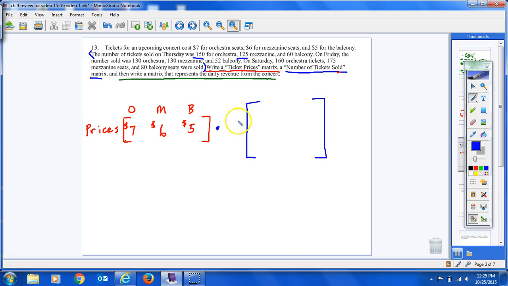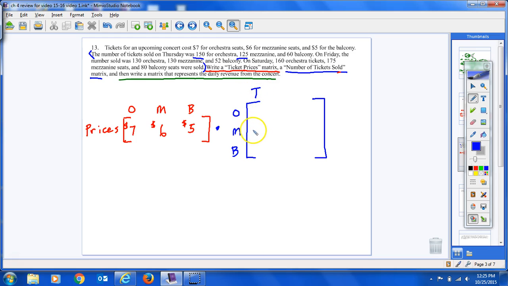Okay, so the way we're going to set this up then is we're going to have orchestra, mezzanine, balcony as the row. Because remember, when I multiply matrices together, it's row times column. So this first column, for example, is going to represent Thursday sales.